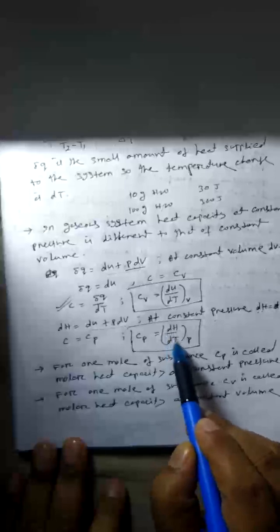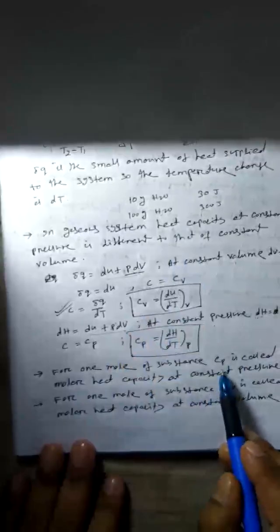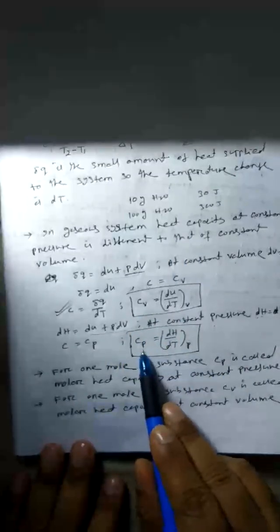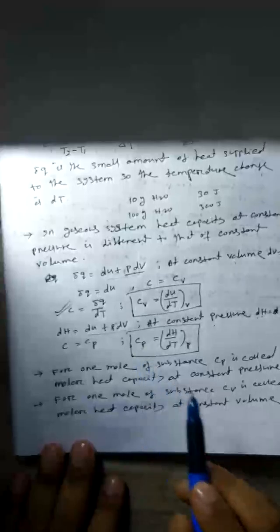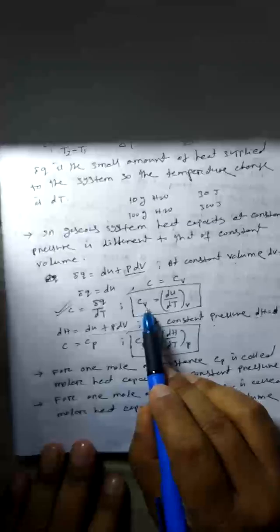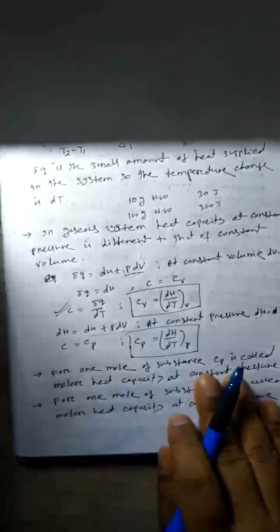So Cp is dH by dT at constant pressure. If you take 1 mole of this substance, then this Cp is called molar heat capacity at constant pressure. If you take 1 mole of this substance, this Cv is called molar heat capacity at constant volume. This is all about the heat capacity.